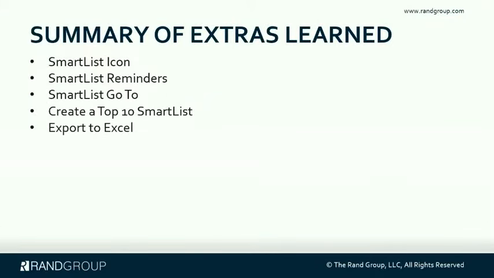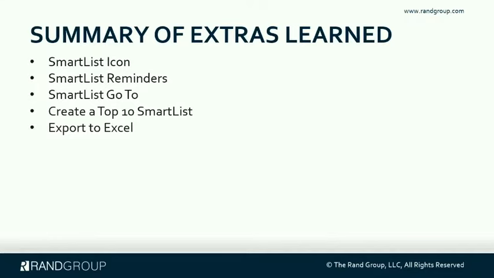Let's summarize what we learned about extras. Remember the SmartList icon? It's on Toolbars, Standard, and there you have a SmartList shortcut. Next we did SmartList reminders. Any favorite from your SmartList can be created as a reminder. When you open up your homepage, you'll be able to view this reminder. Third, we learned about go-tos. Naturally, when you double-click a line item, it'll open up a default window.